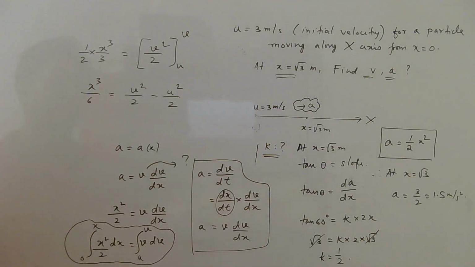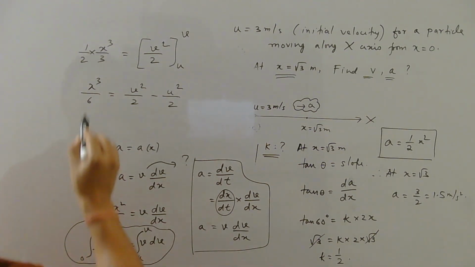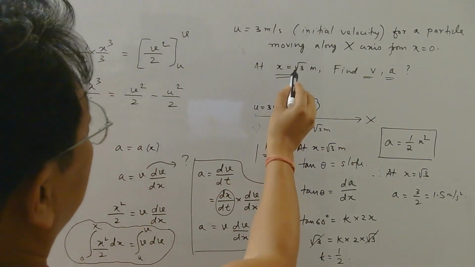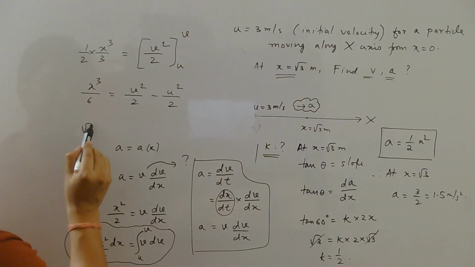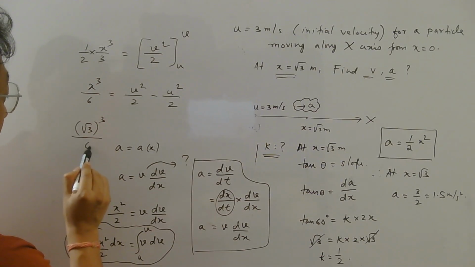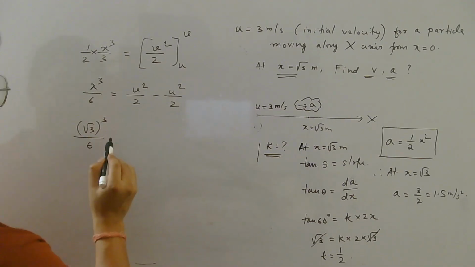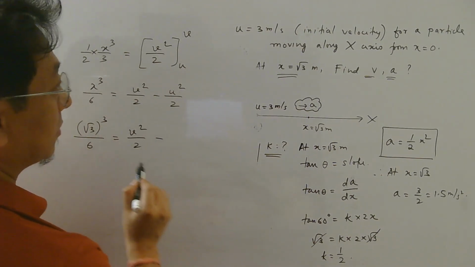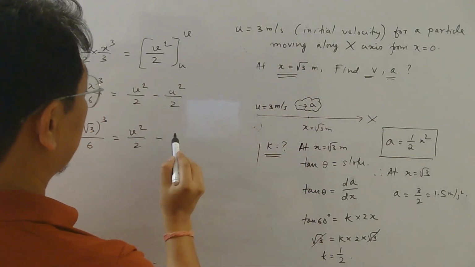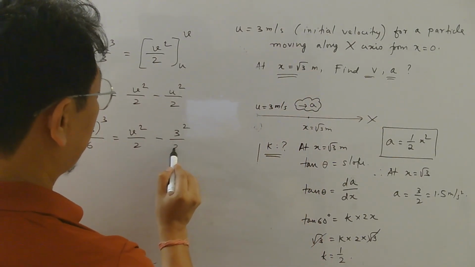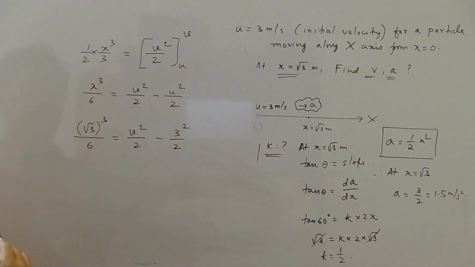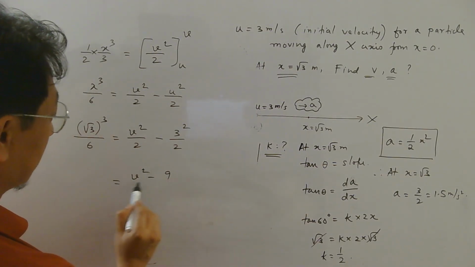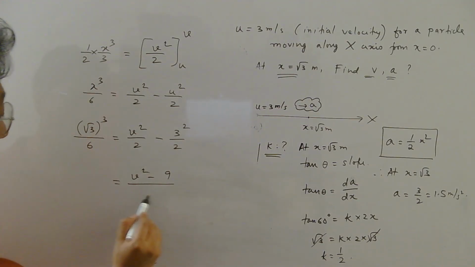Now they want the final velocity at the coordinate when x is root 3. So when x is root 3, this is root 3 cubed by 6, right? That will equal v squared by 2 minus u squared by 2. Initial velocity was given 3, so 3 squared by 2. Now this can be written as v squared minus 9 divided by 2, LCM.